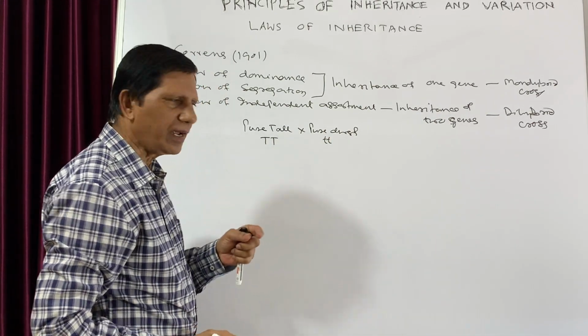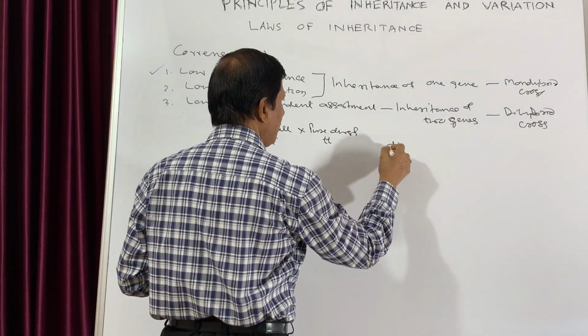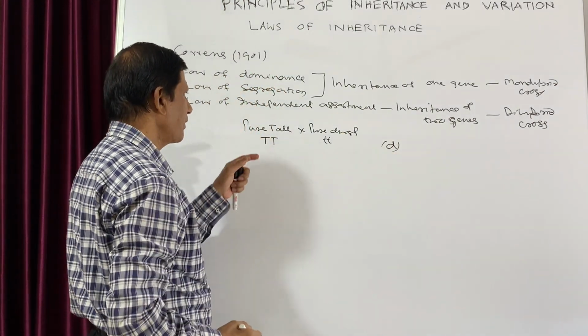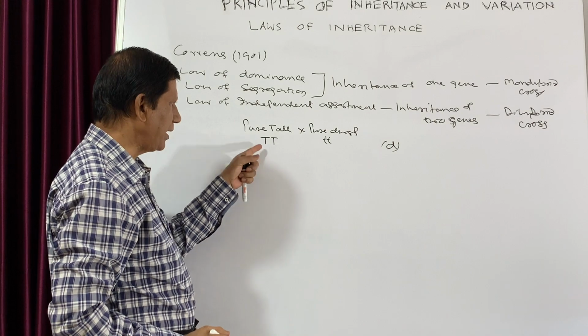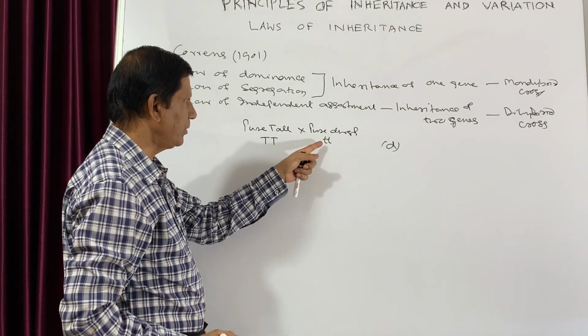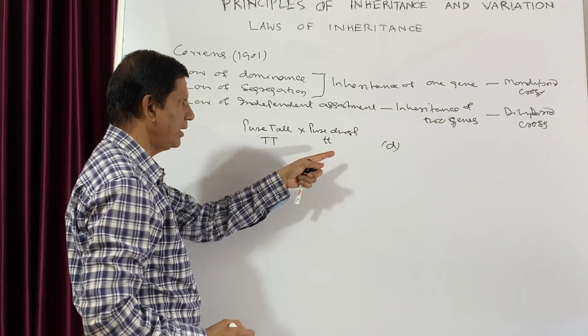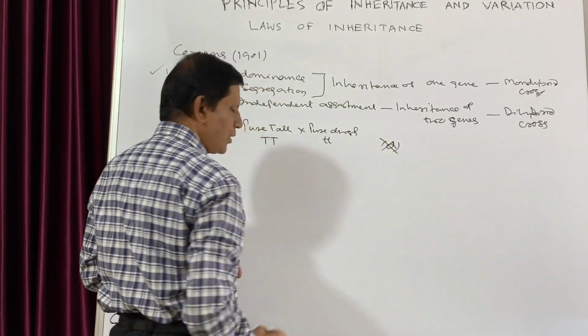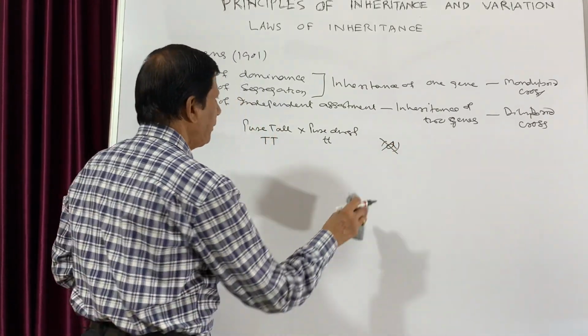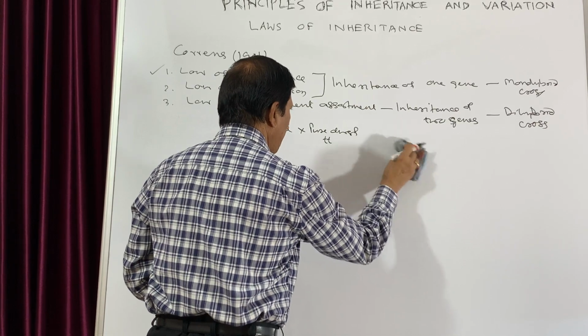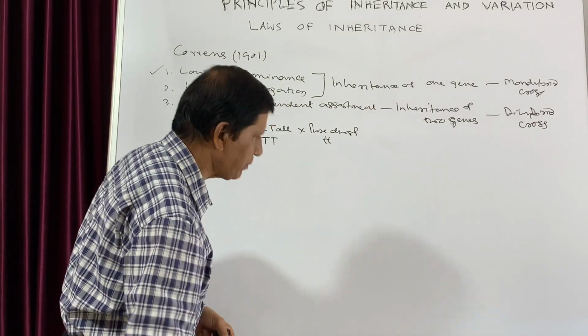It is never written as D for dwarf, because the dominant character is always in capital letter and the dwarf character is always written in the lower form. So the pure tall is capital T and pure dwarf is small t.